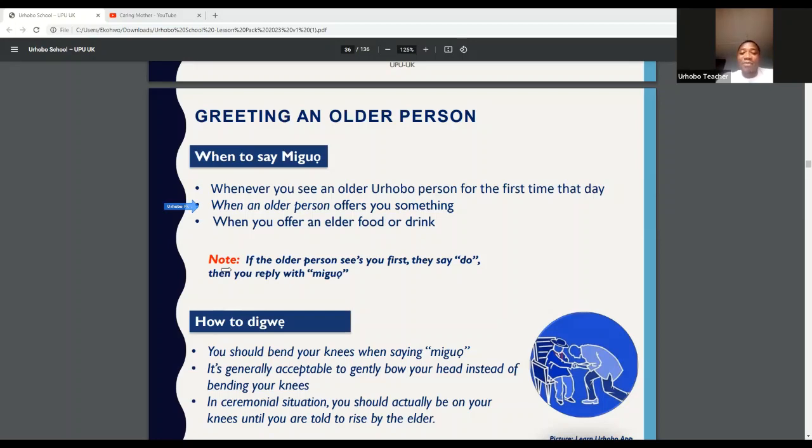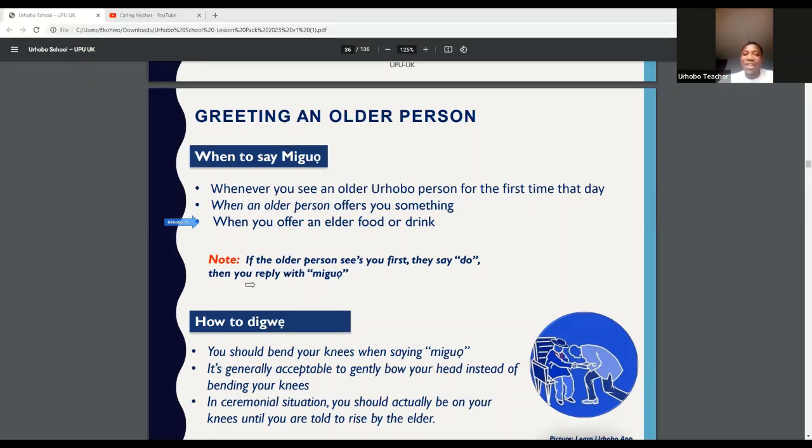You can say Mingwo for giving you something, or for offering you a hand. And another situation where you can say Mingwo is when you give an older person food or water. For example, if I'm older than you and I say, please help me with a glass of water, if you give me the water, because I am older than you, you will tell me Mingwo.